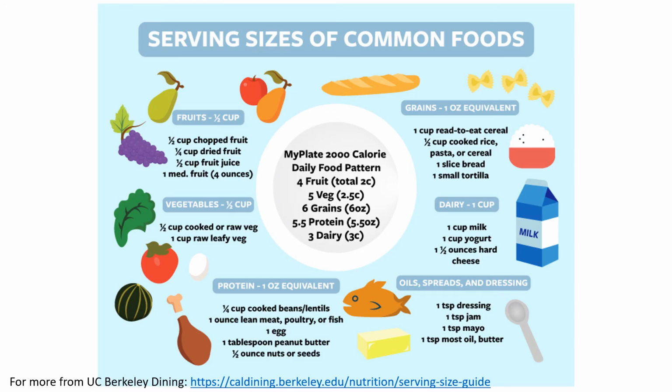And then this is just another way to look at serving sizes. This comes from the University of California at Berkeley, and, oh, I see what this is. This is serving sizes. So the previous page was telling us how much to eat throughout the day.